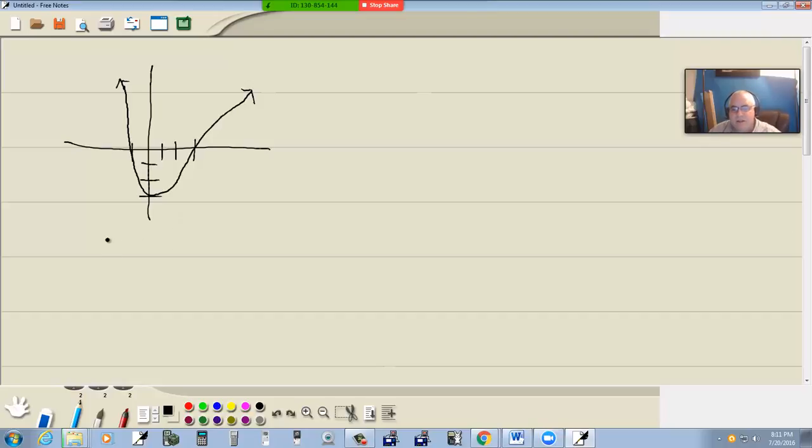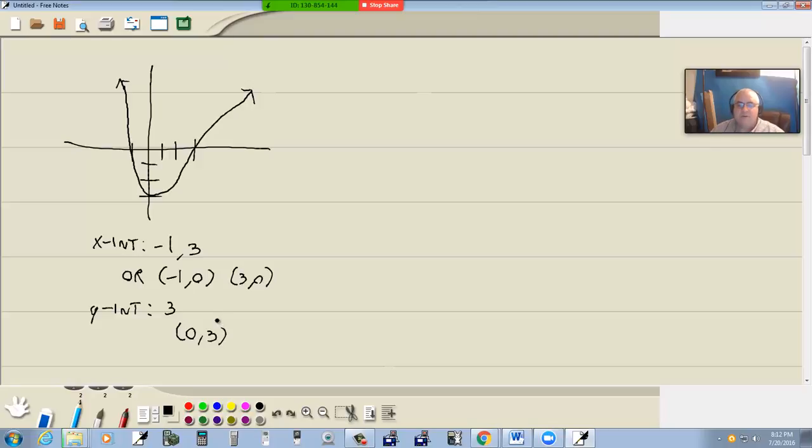So as I look at this problem here, if the question is what are the x-intercepts, I see it crosses at -1 and crosses at 3. Now sometimes books write it that way. Oftentimes they'll put it in the point form. So that'd be (-1, 0) and (3, 0). Now our y-intercept, I can see it crosses down here at 3, and that would be (0, 3).